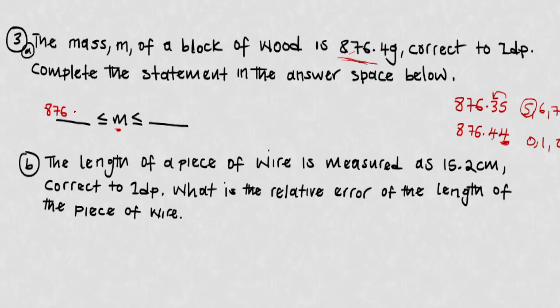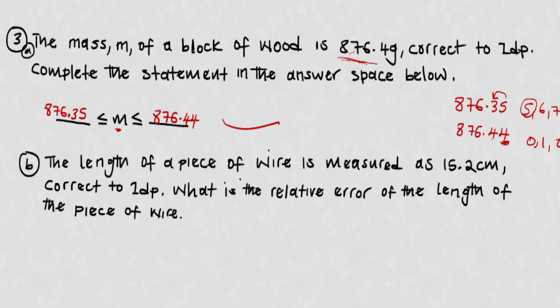Then the biggest is 876.44. So that is how you can look at that. You just have to find the highest and lowest possible numbers. Once you do that, then you get your answer.